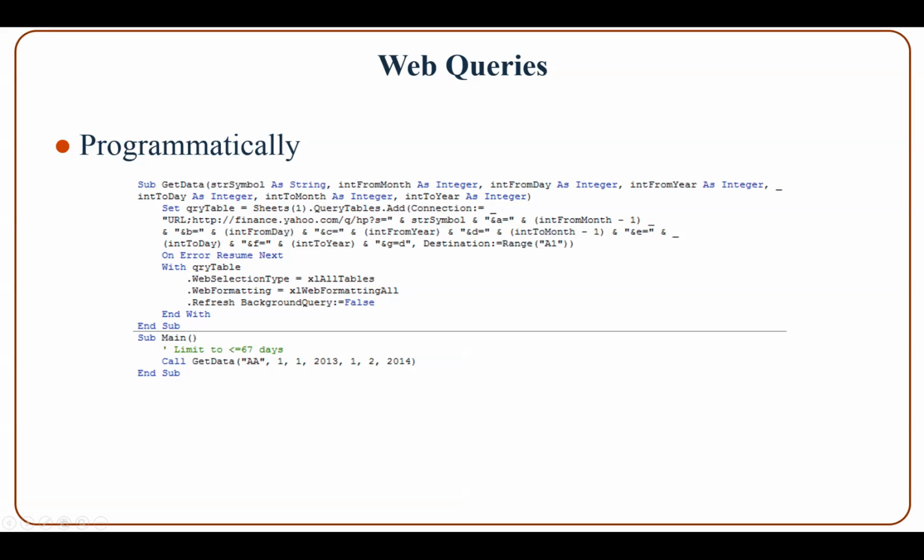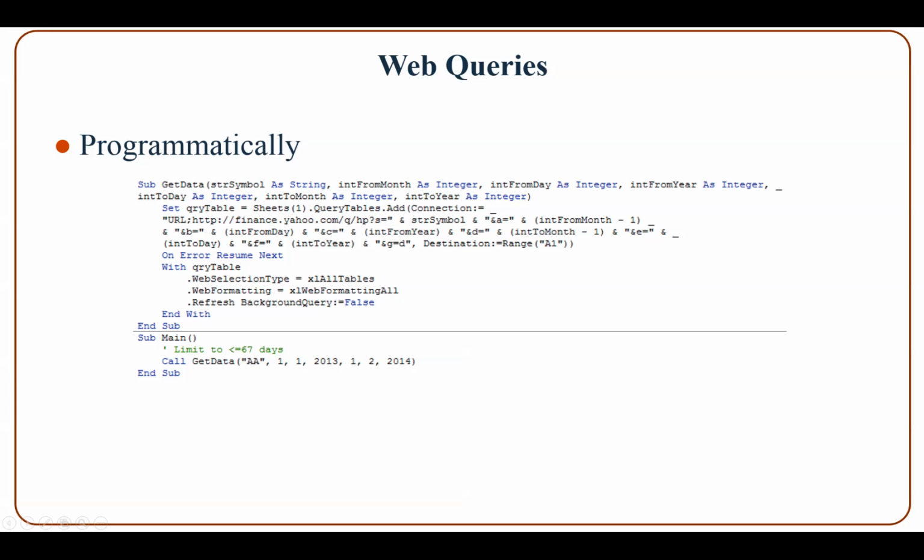So you form the URL by concatenating strings together. The first part of the string is actually the web address of Yahoo Finance, and then the query string.